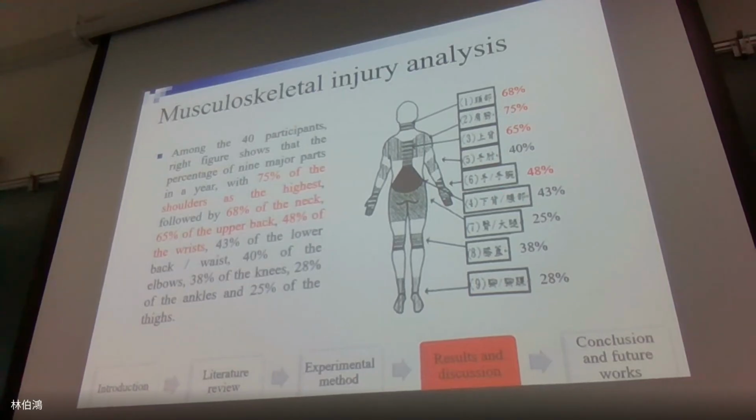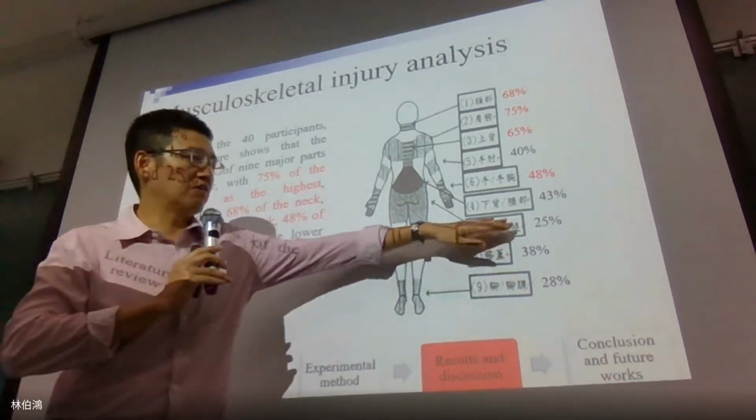You can see the percentages. In this research, 95% had discomfort in the shoulders, which is the highest. Then 68% for the neck, 65% for the upper back, and 48% for the wrist. So this is the percentage of discomfort.